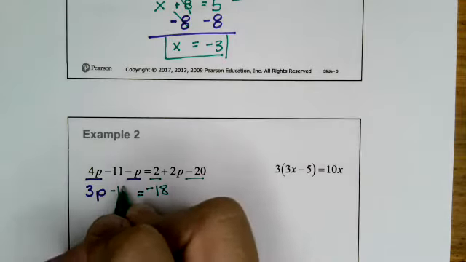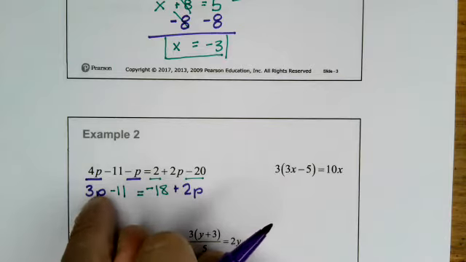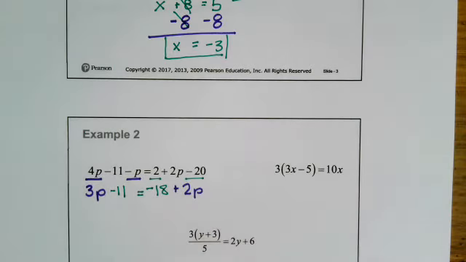We can keep the 11. We can keep the 2p. So that came straight down. That was the combination of 2 and negative 20. That came straight down. That was the combination of 4 minus 1.